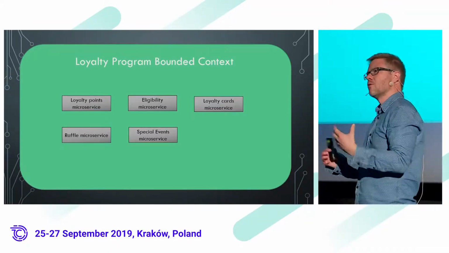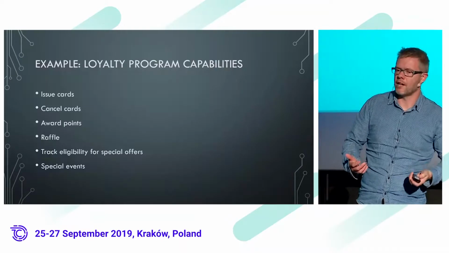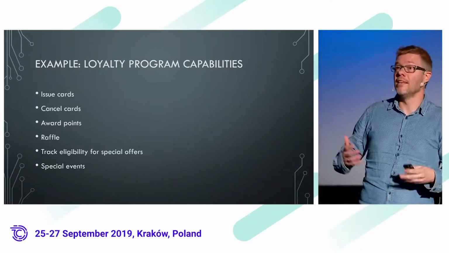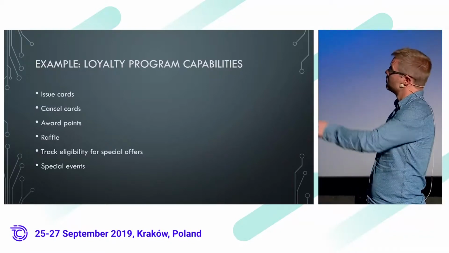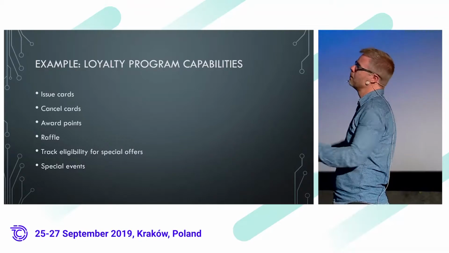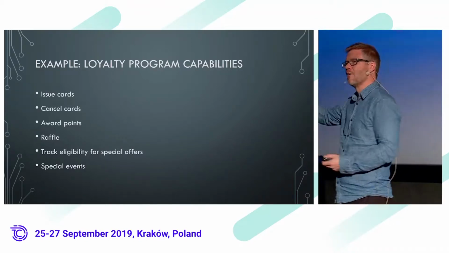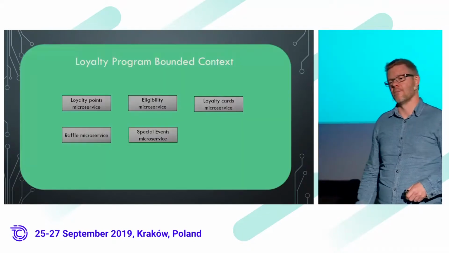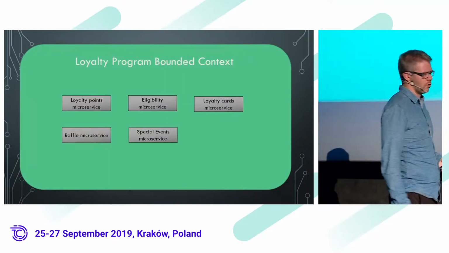When you look at these things and you map it out like this, these capabilities, it doesn't mean that it's completely one-to-one. So there is something around issuing cards and something about canceling cards, but maybe the capability really is handling cards, and that's why it's in one microservice here.